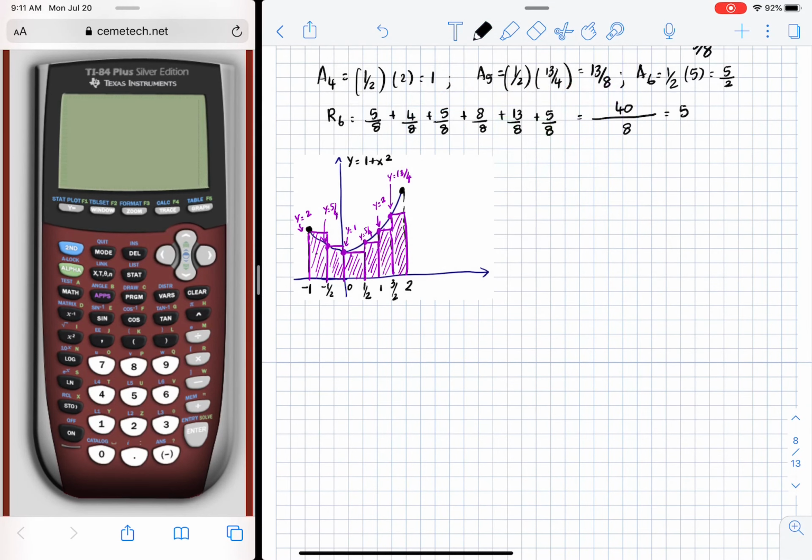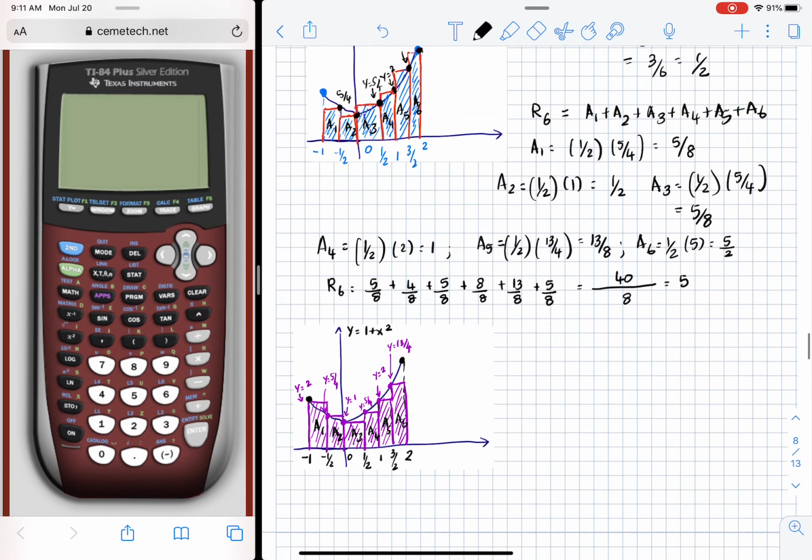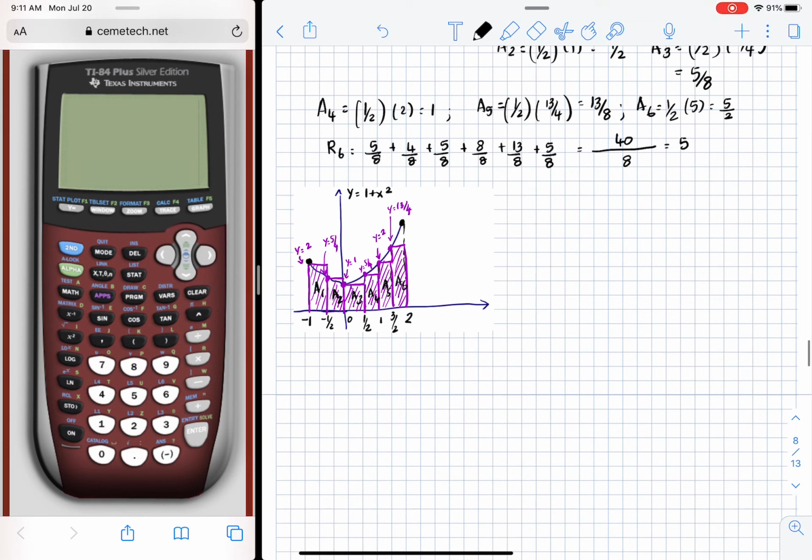And that would give us A1, A2, A3, A4, A5, and A6. L6 would be equal to A1 plus A2 plus A3 plus A4 plus A5 plus A6.